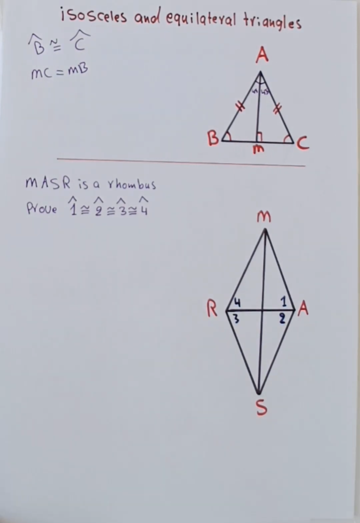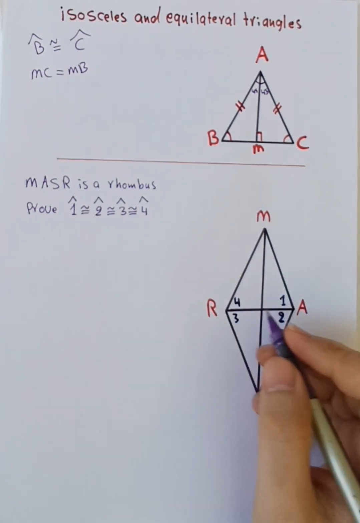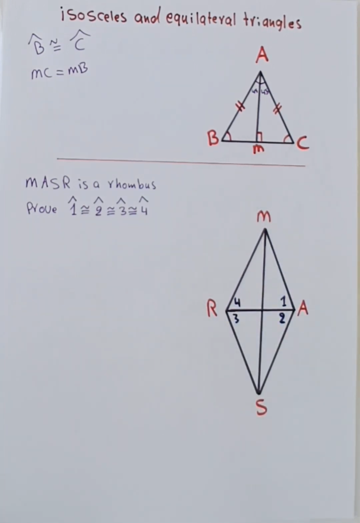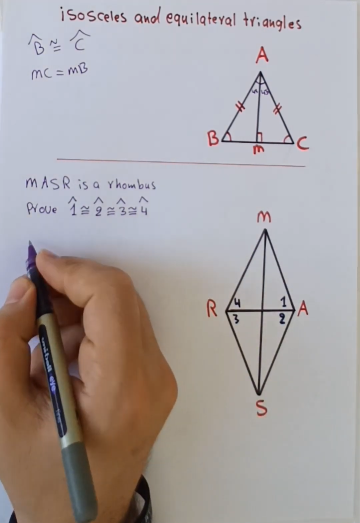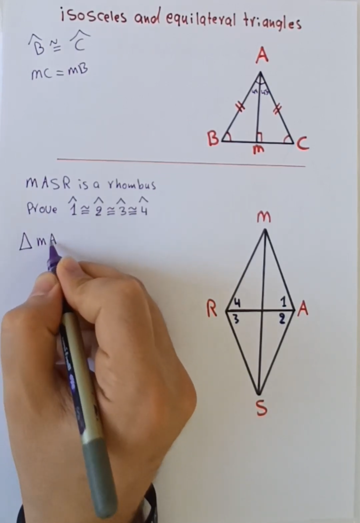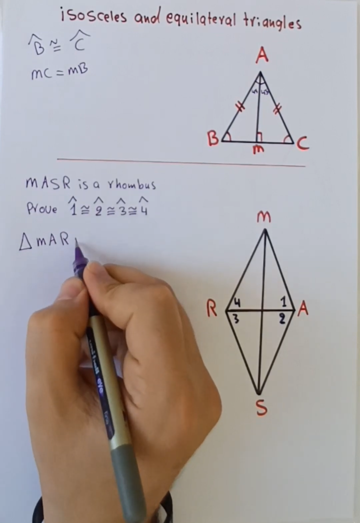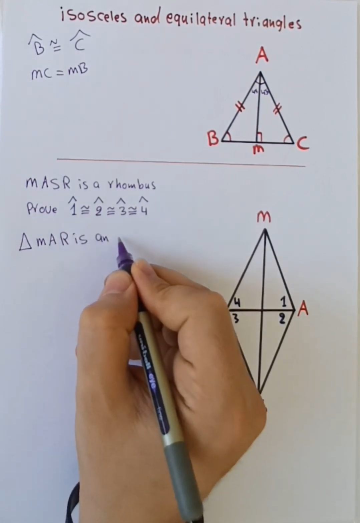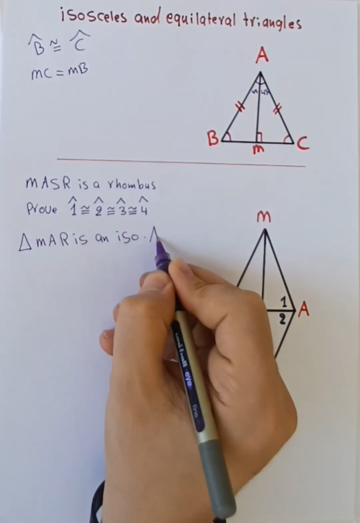First of all, we can say the triangle MAR is an isosceles triangle.